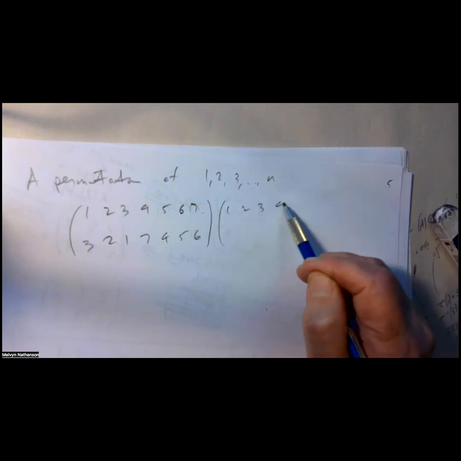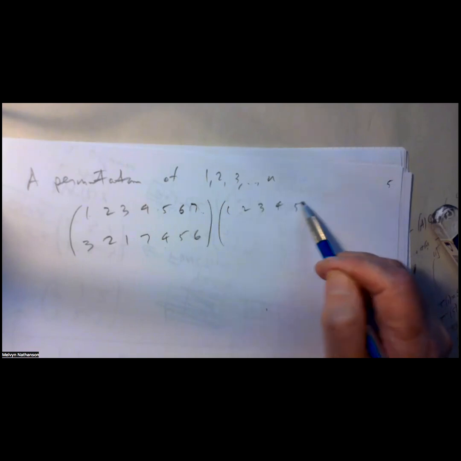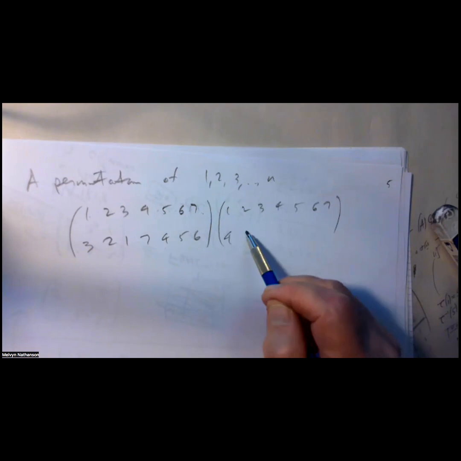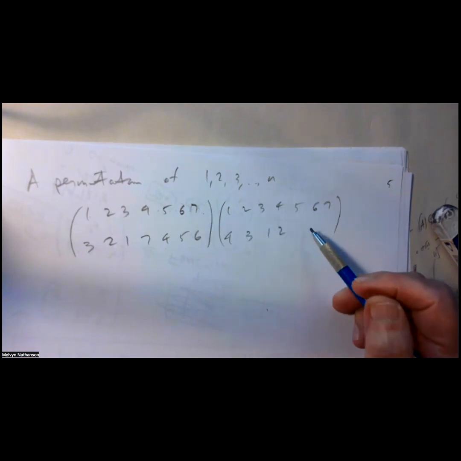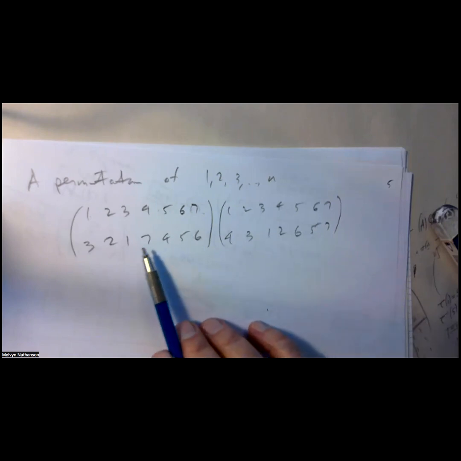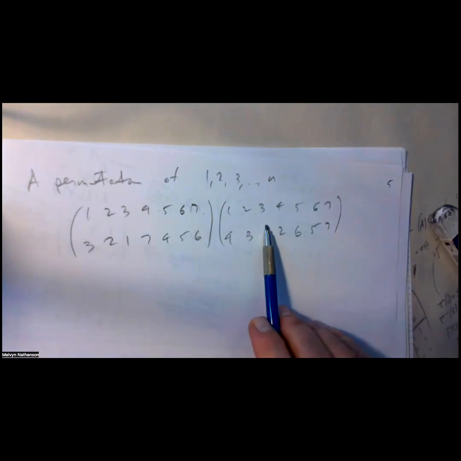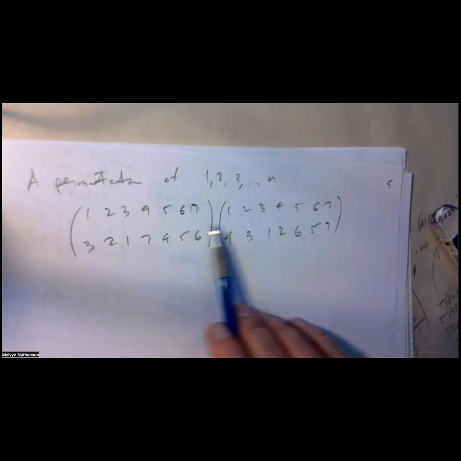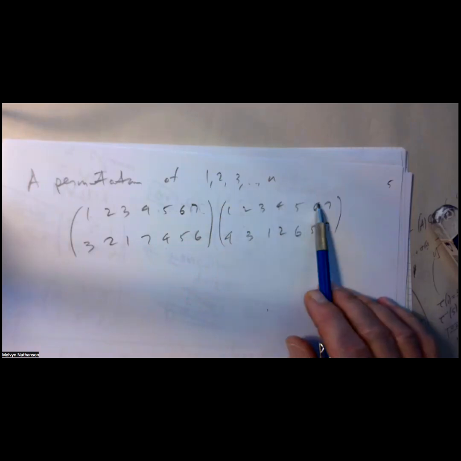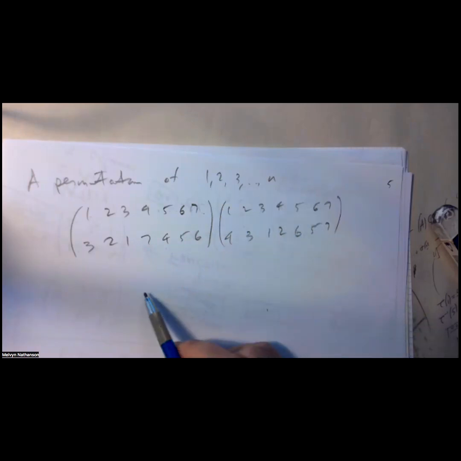So suppose we have another permutation, 1, 2, 3, 4, 5, 6, 7, and this gets sent to 4, 3, 1, 2, 6, 5, 7. So I have this permutation and this permutation. And what is the product? It's the composite of these two functions. Each of these permutations is a function from the integers from 1 to 7 to the integers from 1 to 7.